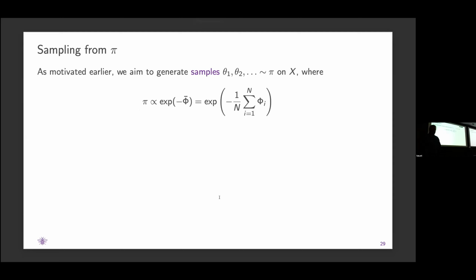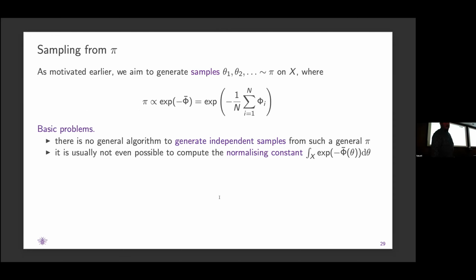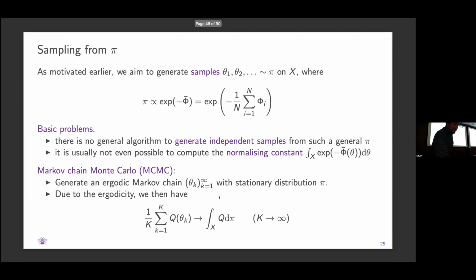Okay, but let's look quickly at sampling. I still want to sample this pi, given as a density proportional to e to the minus phi bar. This is basic MCMC, but very basically, it's hard to generate samples, especially if X is high dimensional.